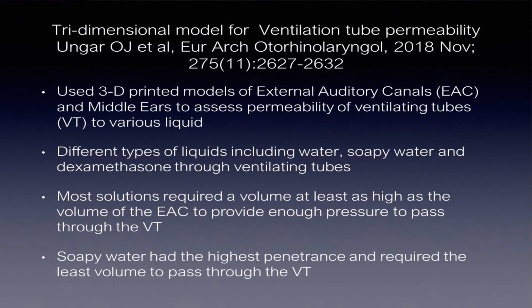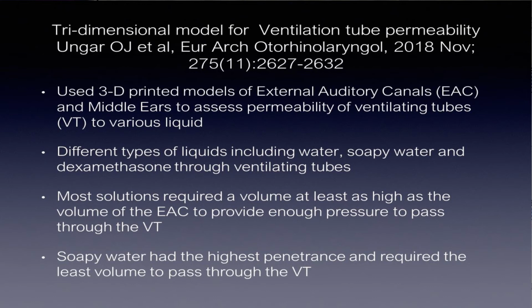Well, different types of fluid have different types of permeability. And Ungar and his group did a three-dimensional model for ventilating tube permeability. They used 3D printed models of the external auditory canal, and they assessed the permeability of the ventilating tube to different types of liquids.